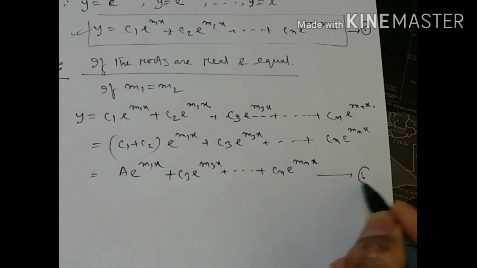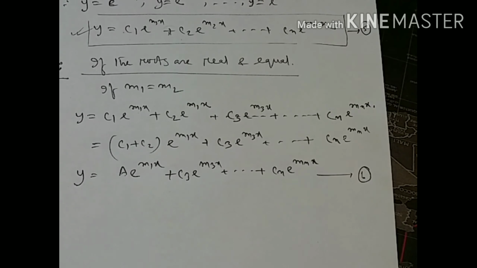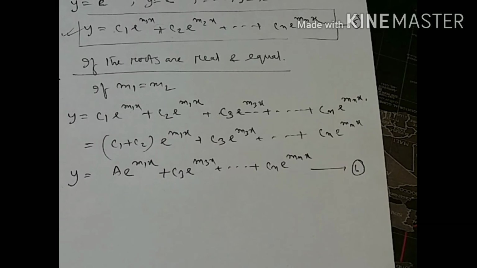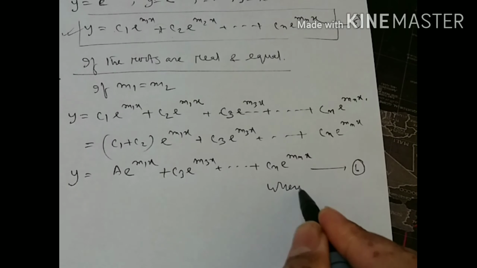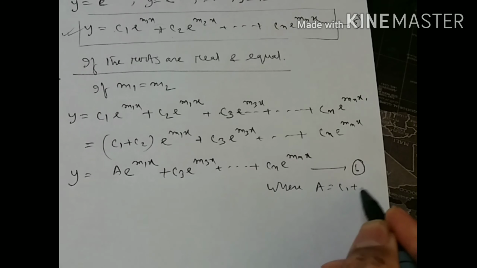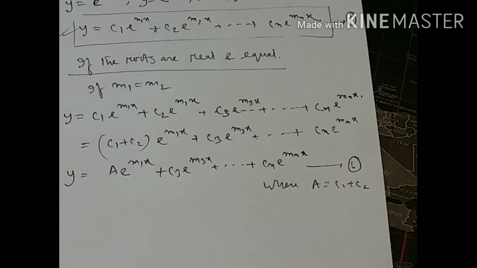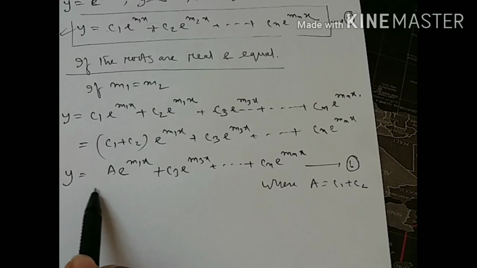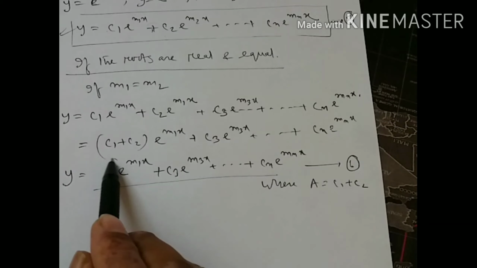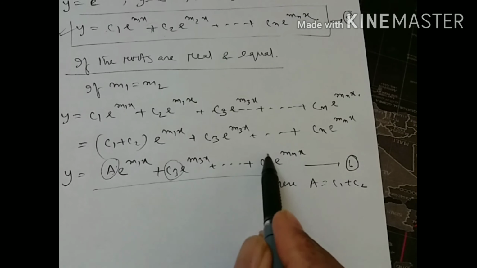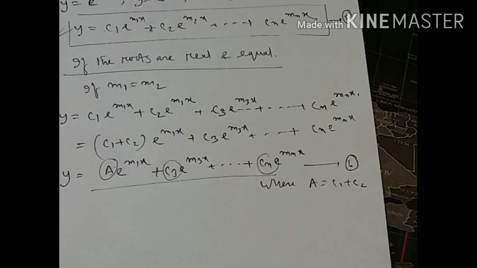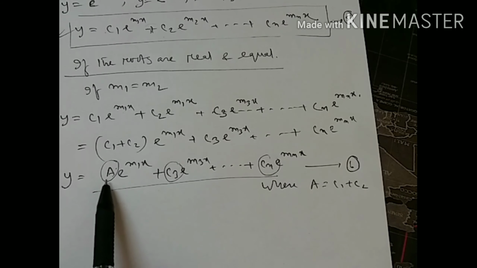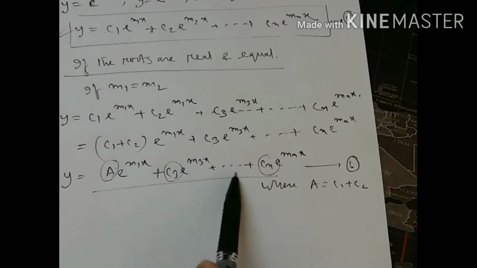Mark this equation 6, where a equals c1 plus c2. So this solution will contain n minus 1 arbitrary constants, that is a, c3 up to cn.